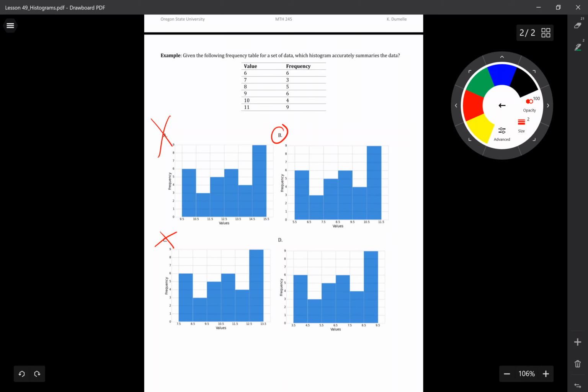It might be a little bit confusing since we don't have the values 6, 7, 8, 9, 10, 11 on our graph, but actually that's a good thing, because if I had 6 here, 7 here, 8 here, 9 here, then the value 6 isn't between 6 or 7, right? It is 6.